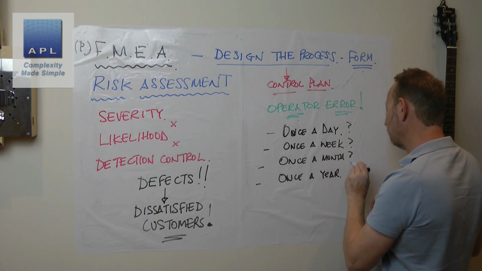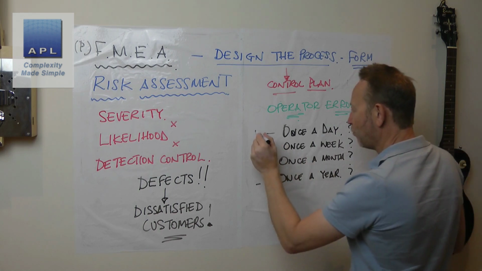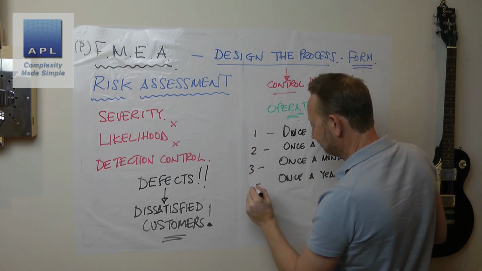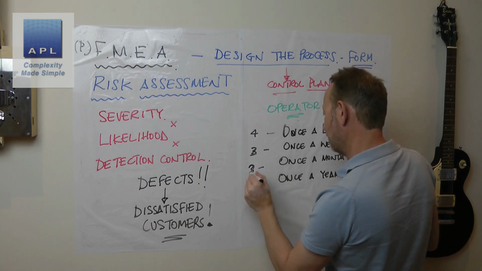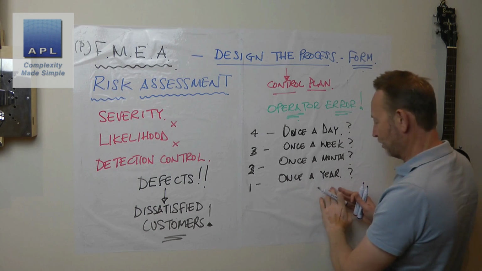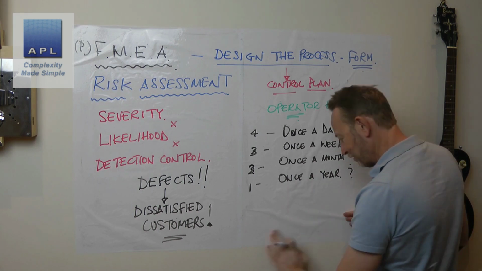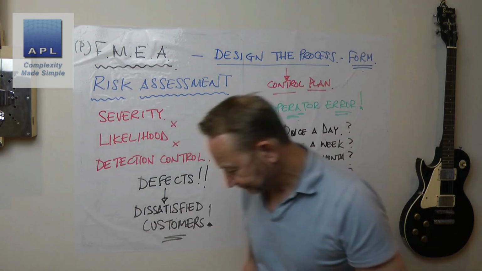Okay, now I've only given it a 1 to 4 scale. Sorry, the other way around, wasn't it? 4, 3, 2, 1. You could go once every 2 years, once every 5 years, once every 10 years if you really want to.